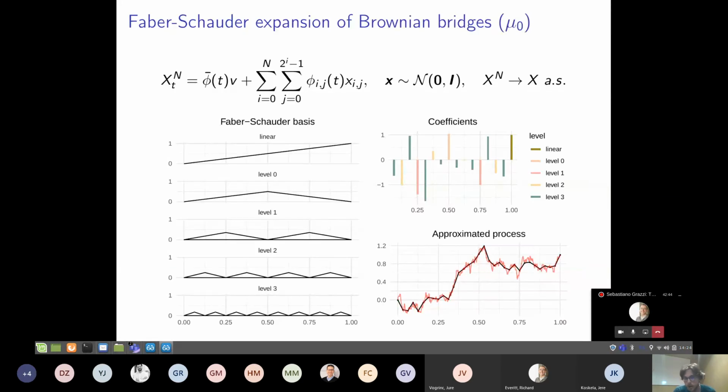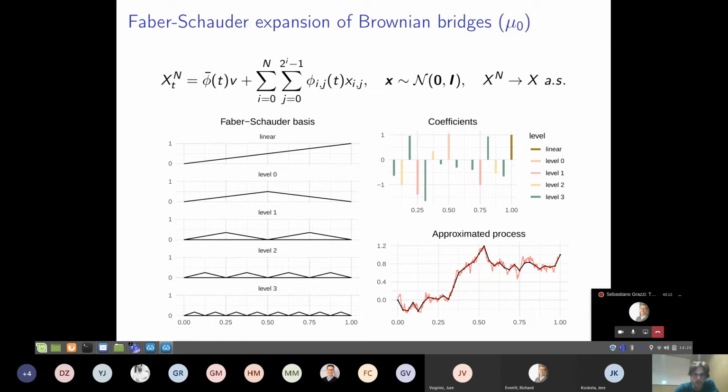Now, how did we do it? We expanded the diffusion path with the Faber-Schauder expansion. In this case, we use the Lévy-Ciesielski construction of Brownian motion, which takes the Faber-Schauder basis functions, displayed here on the left.